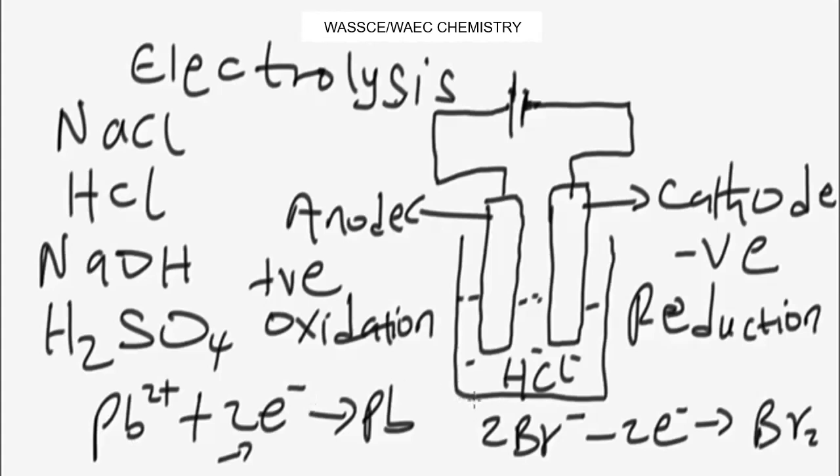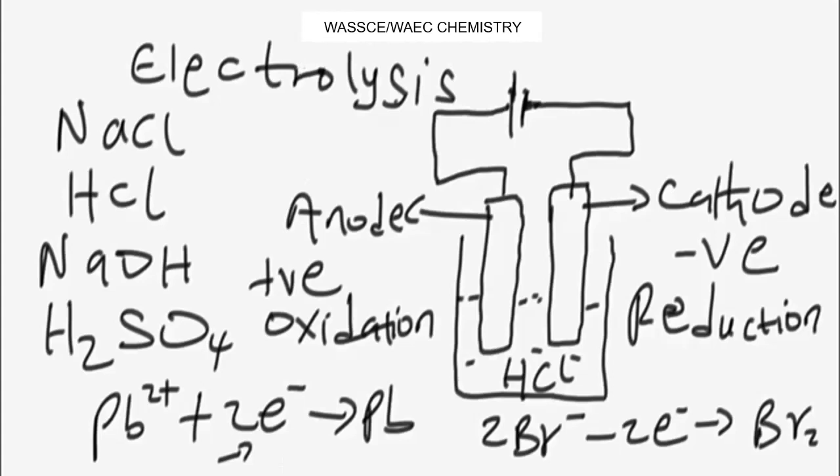Whereas the negative ions in the electrolyte will move towards the anode, the positive electrode, and they get oxidized there by losing electrons to form an atom of the element. This is basically what you have to know about electrolysis in an electrolytic cell.